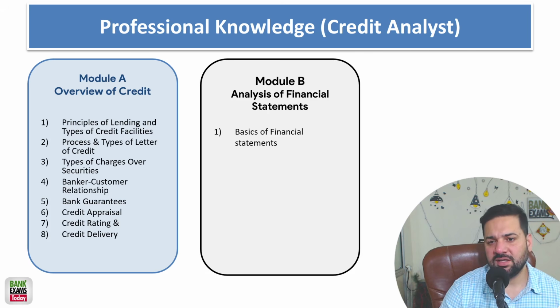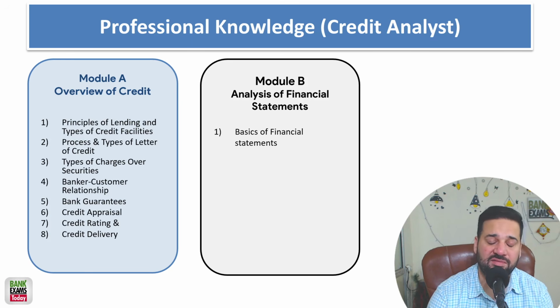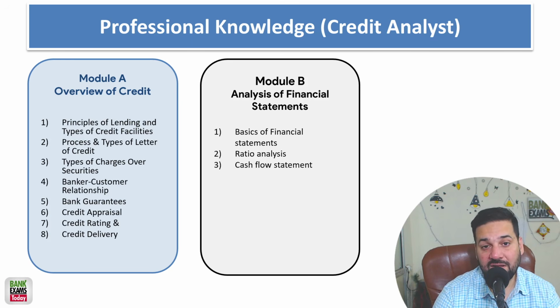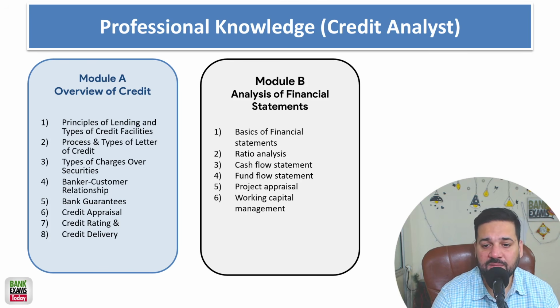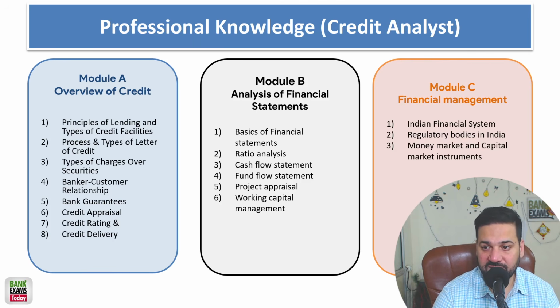First module. Second module, analysis of financial statement, the balance sheet, cash flow statement, fund flow statements. Ratio analysis is very important, most important here. Project appraisal, working capital management committees in the past. Then Indian financial system, regulatory bodies in India, money market, capital market instruments.